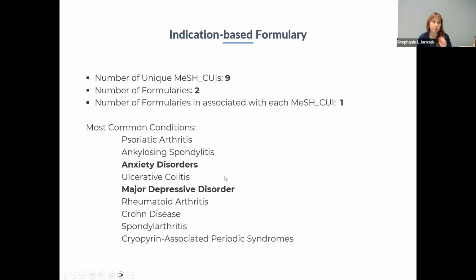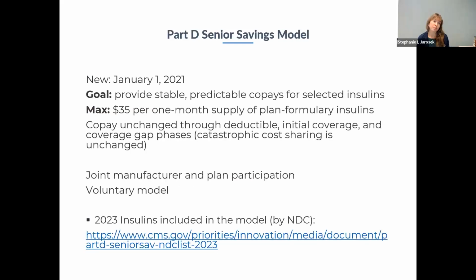The only plans that I found that were associated with these formularies were the local coordinated care plans. This hasn't had a ton of uptake right now. It is a newer policy, and 2021 data is the most recent that I had. I don't know in more recent years how it's been used.